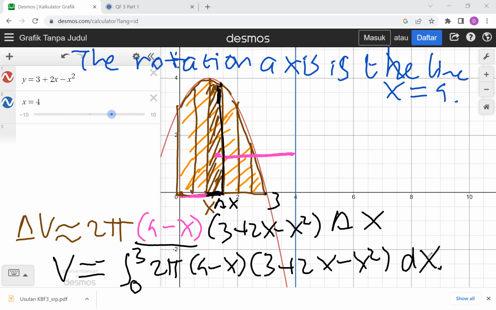Okay, so that's the key formula here. Of course you can expand the integrand and then calculate the integral. Any question or comment?